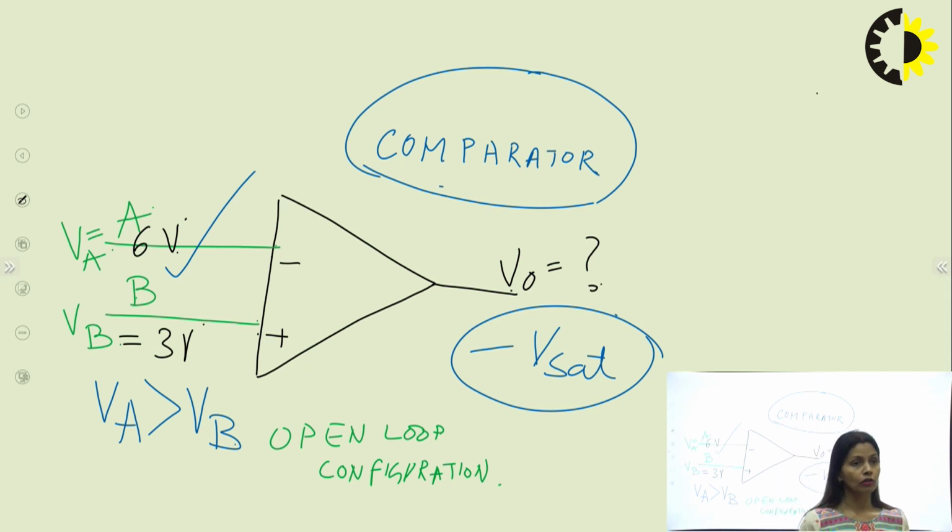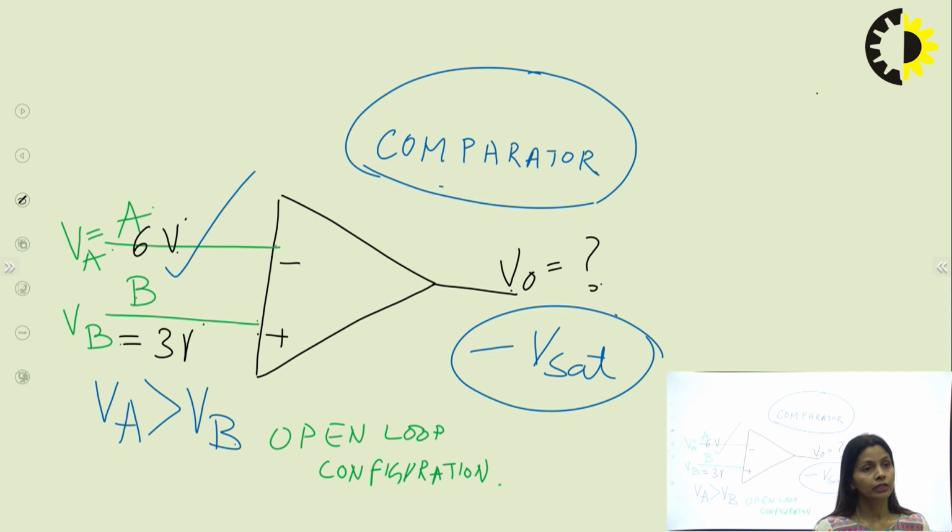So we have learned how to solve OPAMP numericals for open loop configuration and closed loop configuration. Apply the concept of KCL. Make sure in which configuration your OPAMP is working, whether closed loop or open loop, number one. And then you will apply the concept of virtual ground, and see the input voltages applied at the inverting and non-inverting terminal.